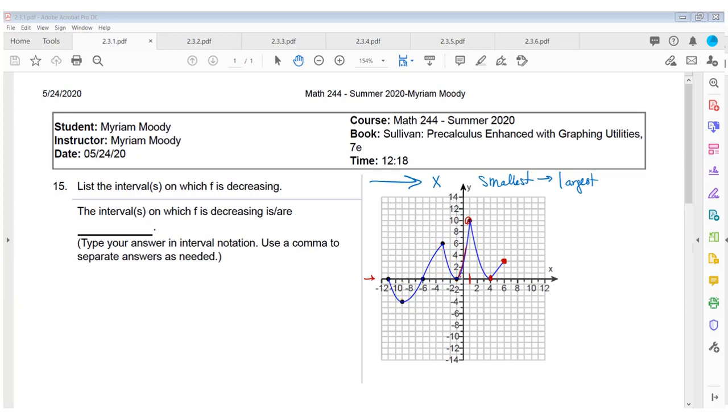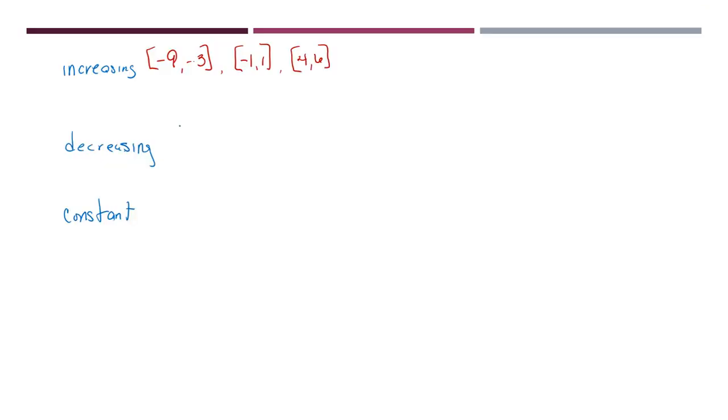Now, the decrease, we already know the very first interval will start with this particular point and the decrease ends at this point, correct? But remember, we're always reading based on the x's. So this looks like it starts at -11 and ends at -9. So this decrease starts at -11 and ends at -9.